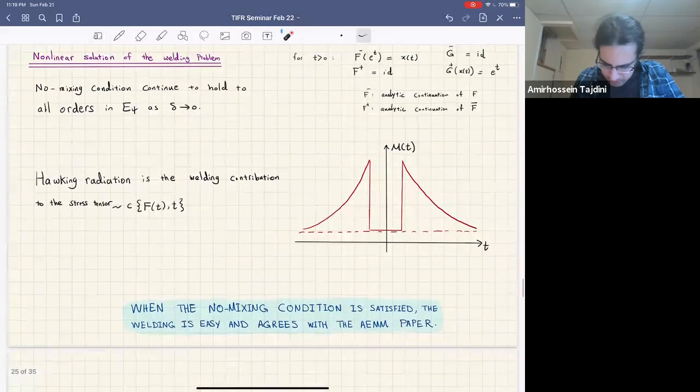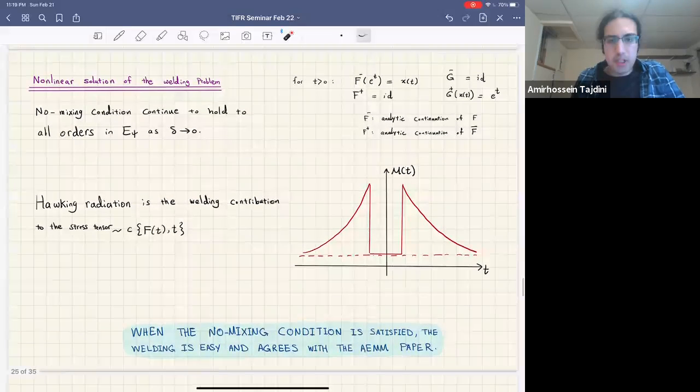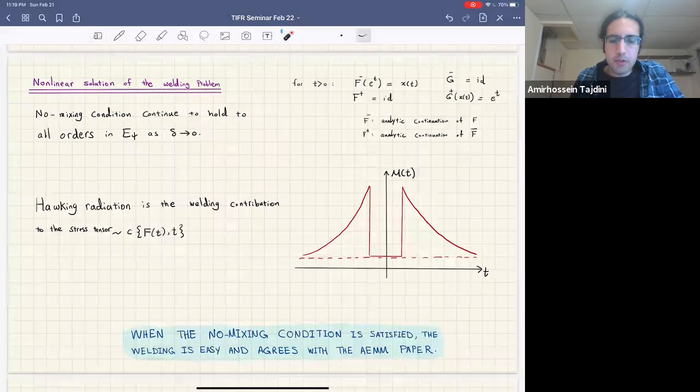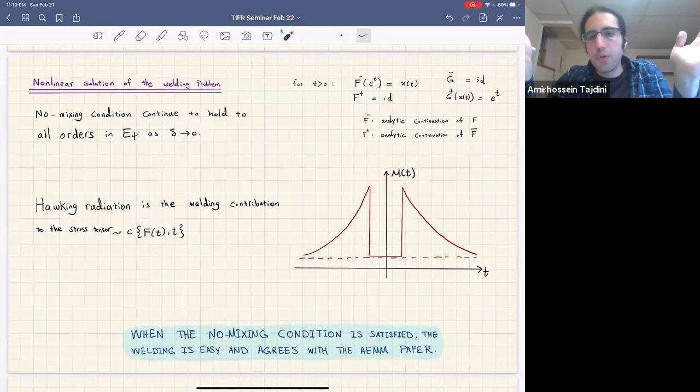Yeah, so this kind of solves the puzzle that I stated about how the AEMM got their equation. I should say that we don't say that the AEMM equations were wrong or anything. Especially in Lorentzian signature, they wrote down some equations that were a solution of the equation of motion.